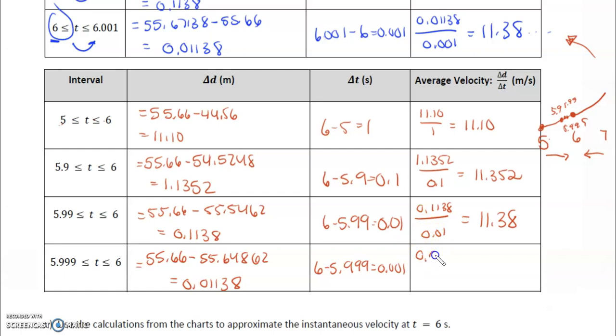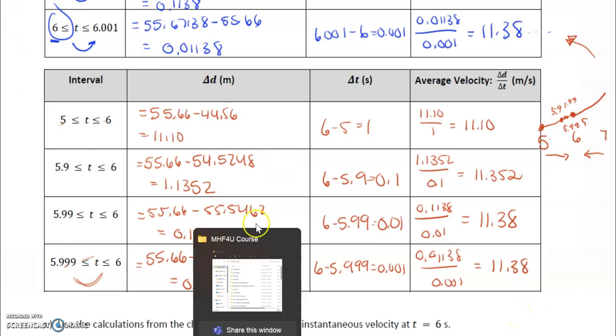So if we took 0.01138 and divided by 0.001, the difference between the x's, we are going to get 11.38 again. So lots of just calculations here.